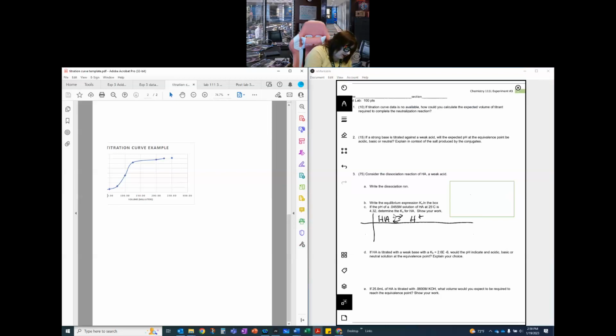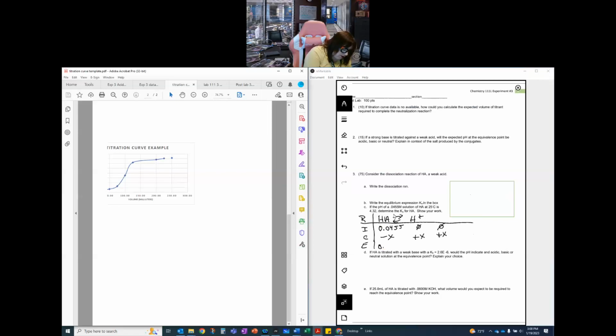I feel comfortable putting that there. This is my R, this is my I, this is my C, this is my E. My initial concentration of the HA is given as 0.0455. And I know that I start with both my products being 0. And I know I subtract one of those, and I add one of those, and I add one of those.